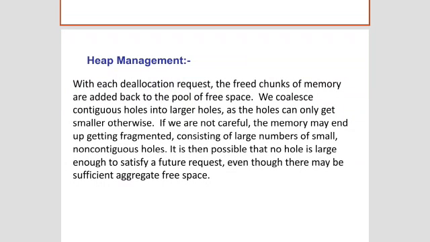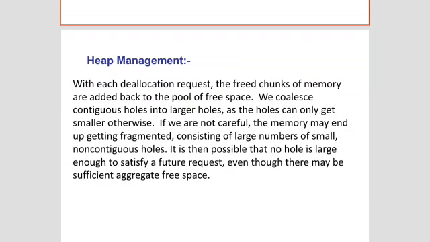So what will be the problem over here? There are small chunks available. Let me take an example: 10 MB, 10 MB and 10 MB small chunks are available, and at the same time we require 30 MB for the heap memory allocation.